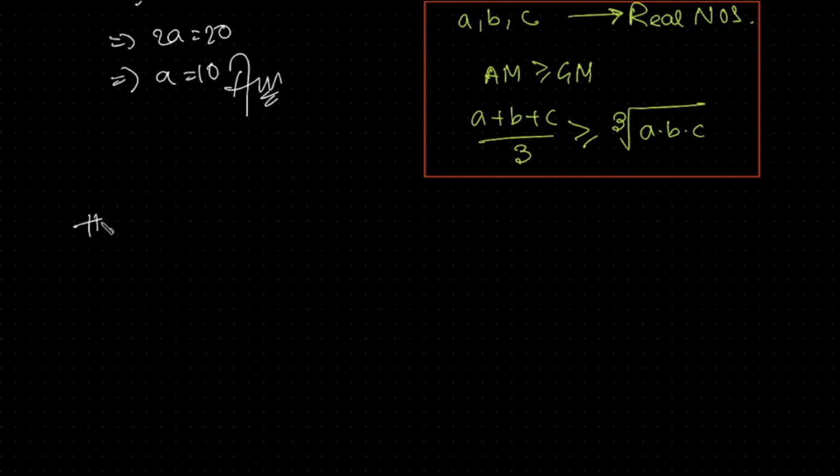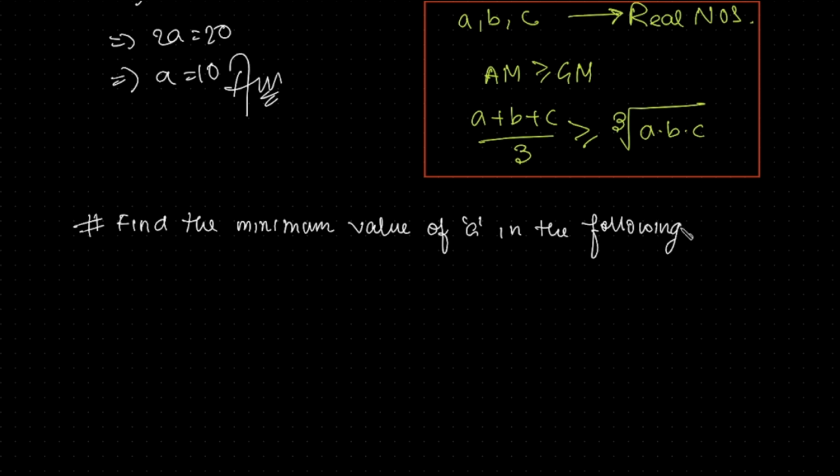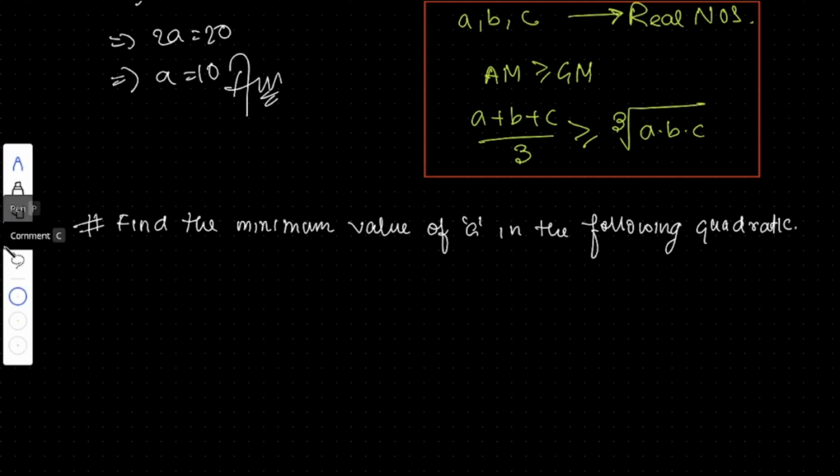Now, see the next question. Find the minimum value of a in the following quadratic: x square minus ax plus 23 equals 0.